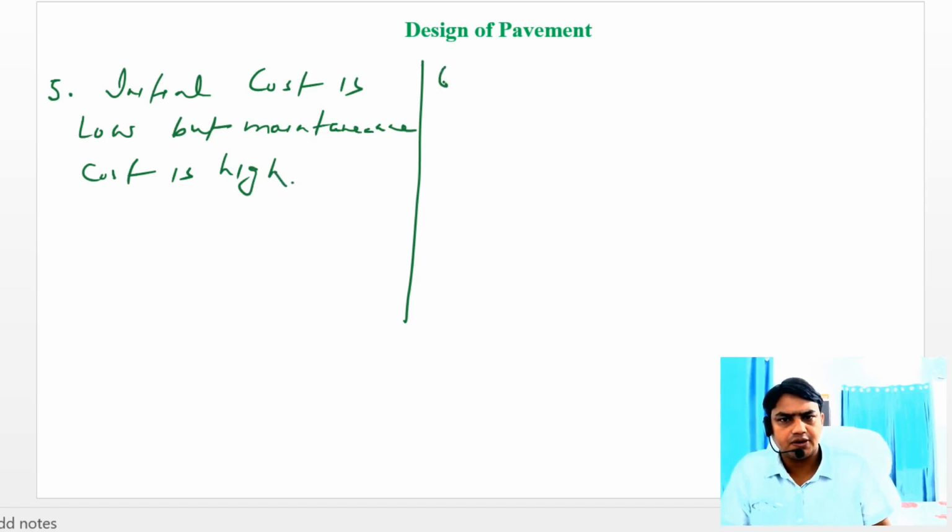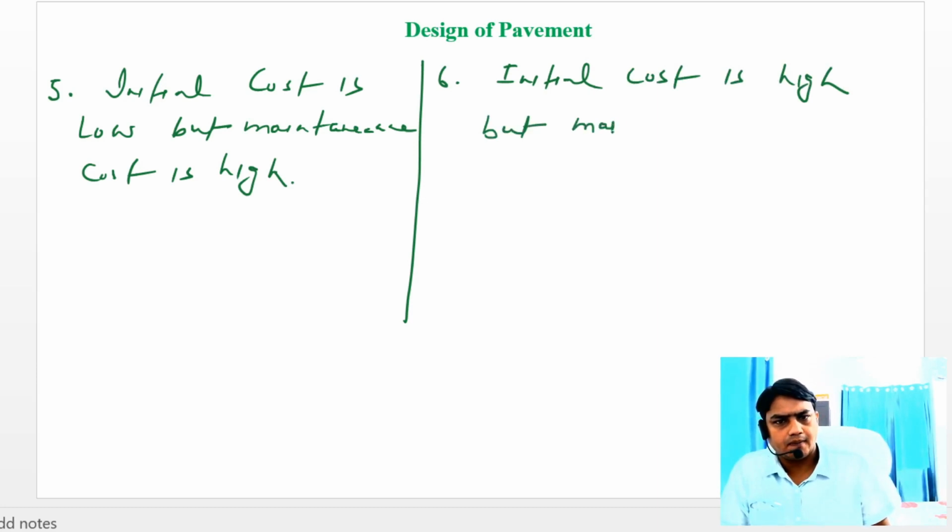But in the rigid pavement, initial cost is high, but maintenance cost is low.